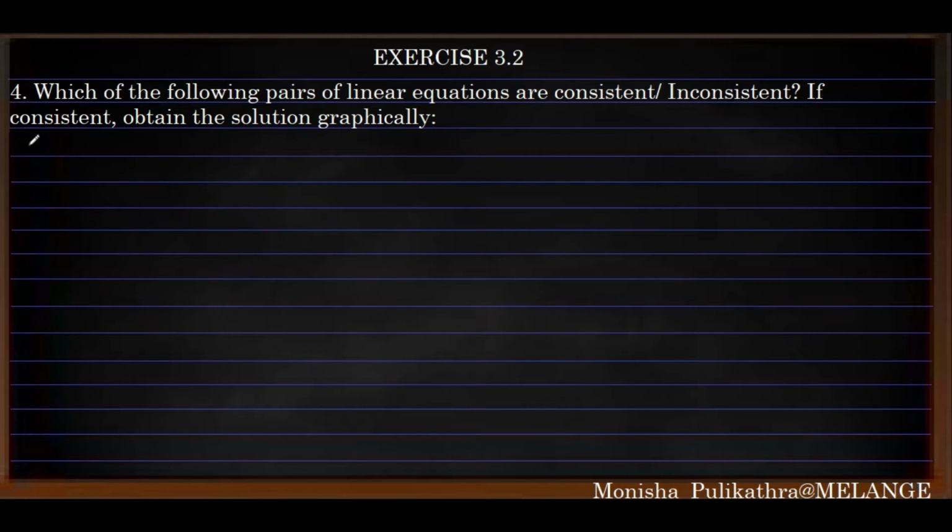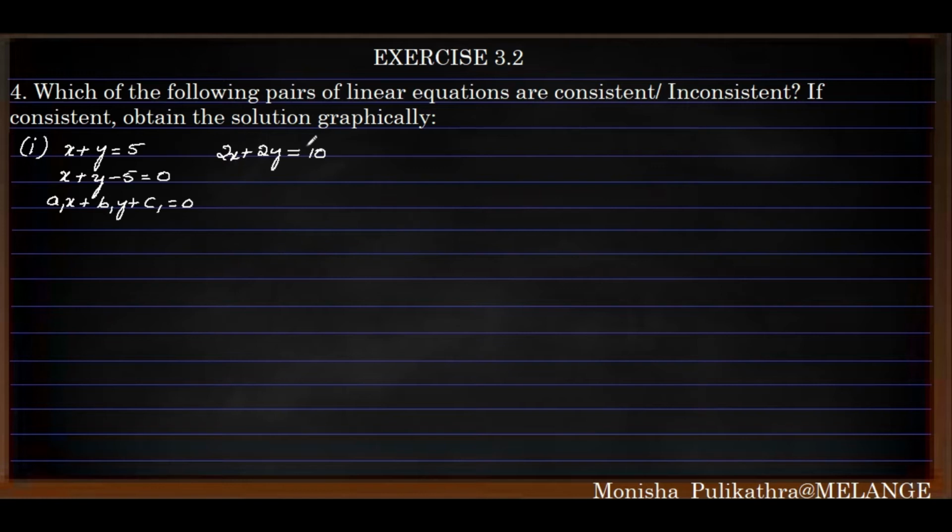So here the first equation which they have given is x plus y is equal to 5, which we can also write as x plus y minus 5 is equal to 0, which is in the form a1x plus b1y plus c1 is equal to 0. This will be the first equation, and the second equation is 2x plus 2y is equal to 10.